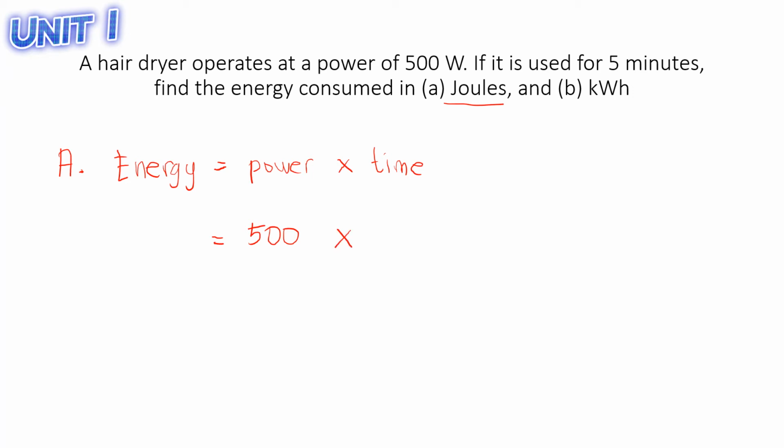This is 5 minutes. Since we are using watts, we're going to use seconds. How many seconds are there in 5 minutes? In 1 minute there are 60 seconds, so 60 seconds multiplied by 5 minutes, and you will get 300 seconds.